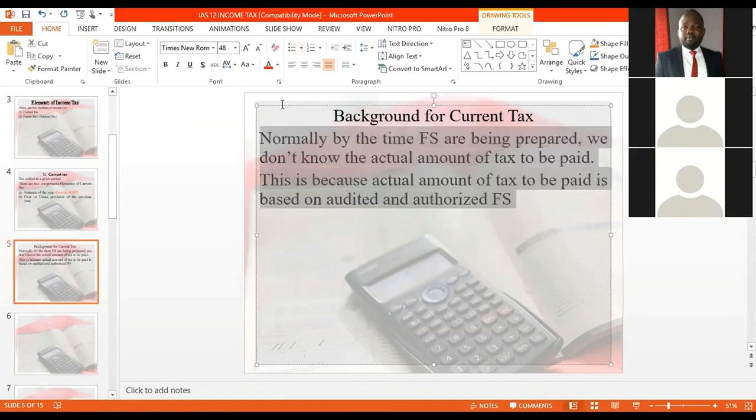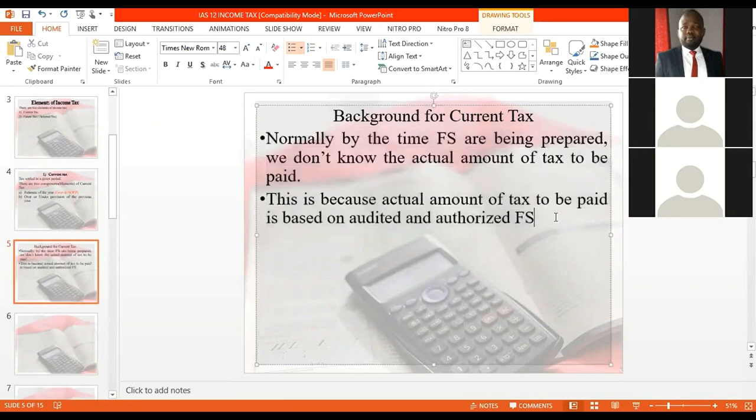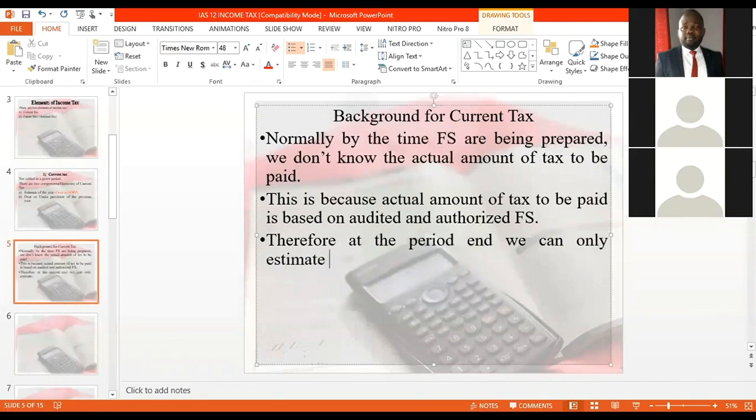So because it's based on audited financial statements, that is why we don't know the actual amount of tax. Therefore, at the period end, we can only estimate the tax to be paid, but not the actual tax.